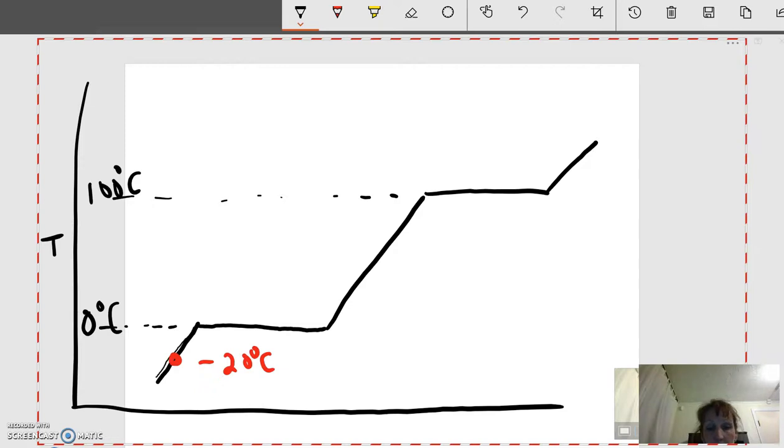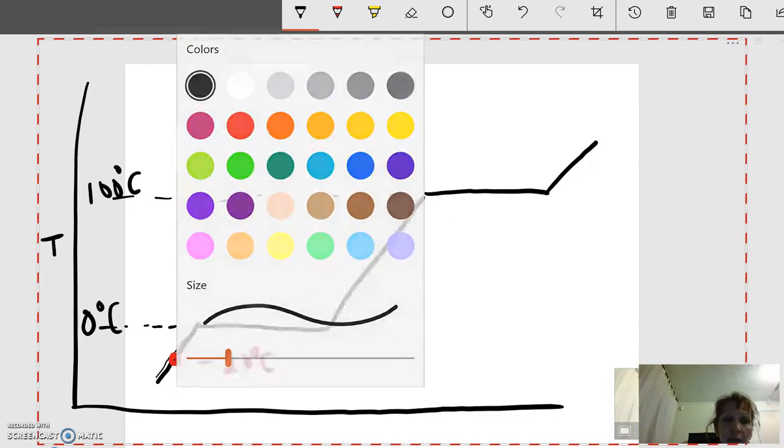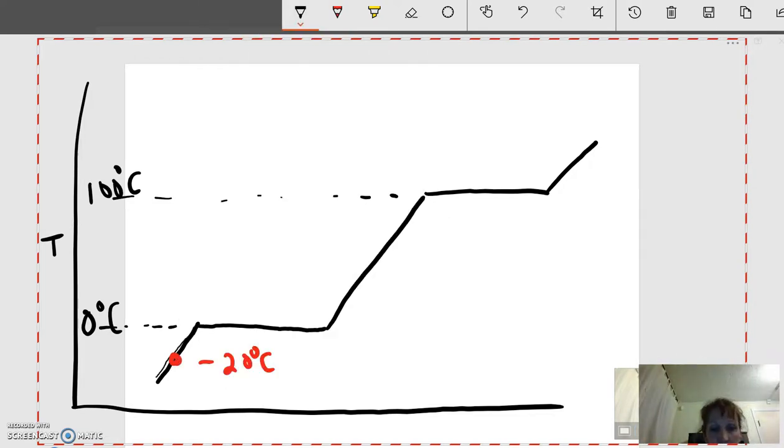So if I have a piece of ice at negative 20 degrees, I can't actually melt it until it reaches 0 degrees.